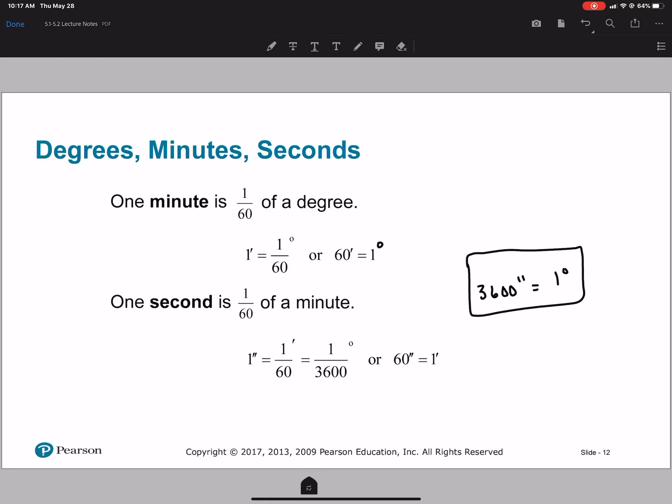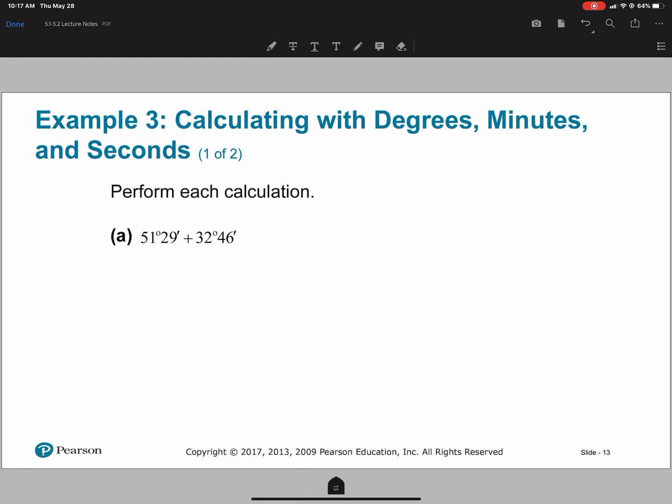So let's look at some. Now we're going to add these. The way that I like to add these, I put them underneath each other, top and bottom, like regular. So I have 51 degrees, 29 minutes. Then I have 32 degrees and 46 minutes.